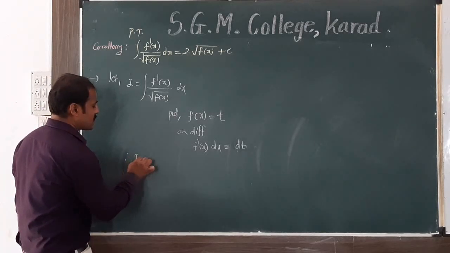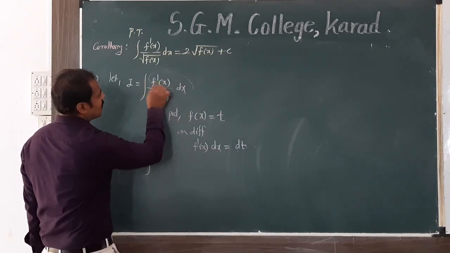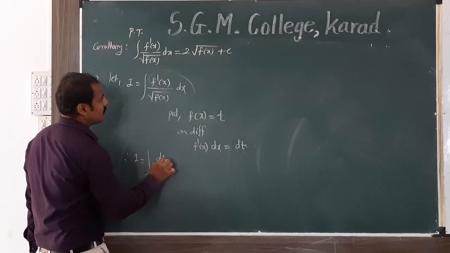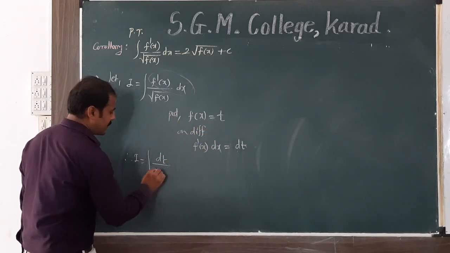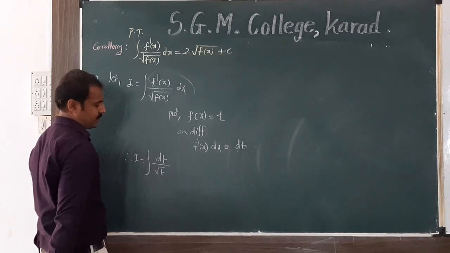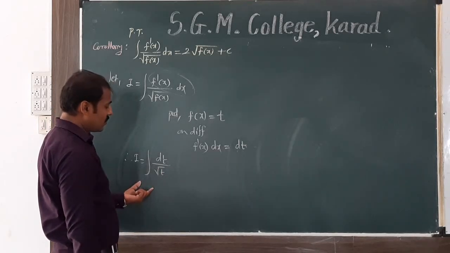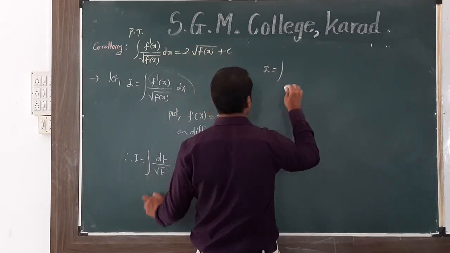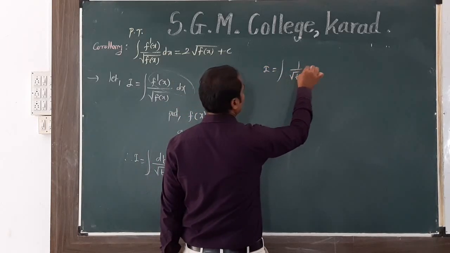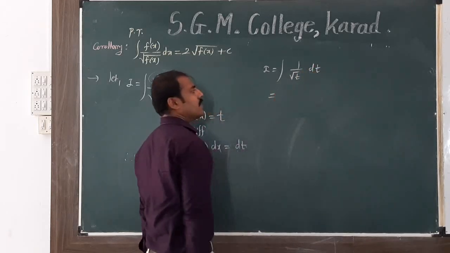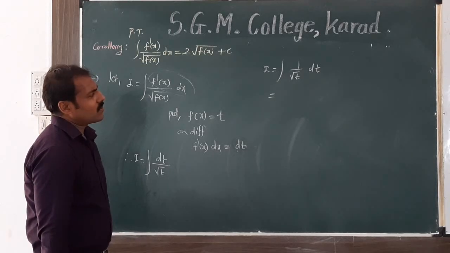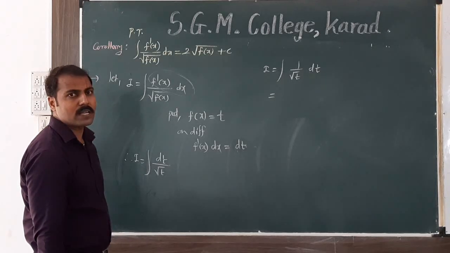So the integration becomes I is equal to, instead of f dash of x dx I can write dt, and instead of f of x I can write t, so dt divided by root t. It looks like 1 upon root t into dt. We know the integration of 1 upon root x is 2 root x.